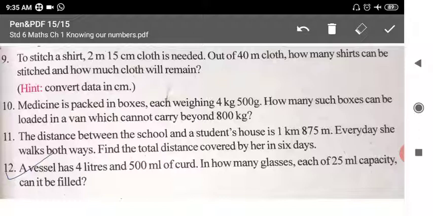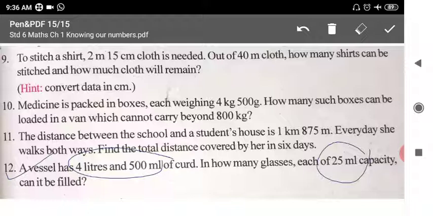A vessel has 4 liters and 500 ml of curd. In how many glasses, each of 25 ml capacity, can it be filled? First of all, you should know how many milliliters make 1 liter.